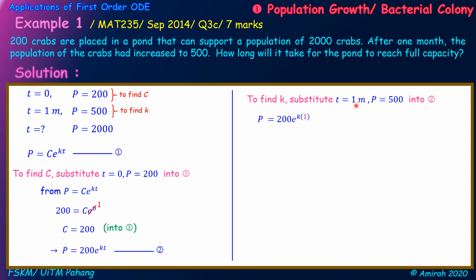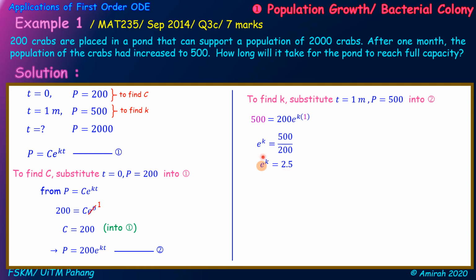We replace t equals 1 month and replace P equals 500. So we have e to the power of k. We can move the times 200 to the left hand side, so we have 500 over 200. Then we simplify, so we have e to the power of k equals 2.5.